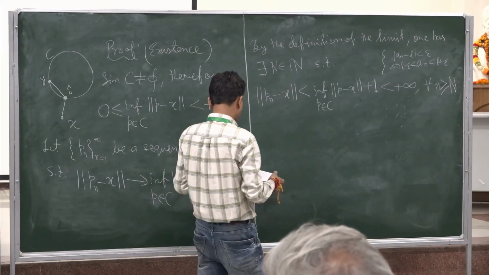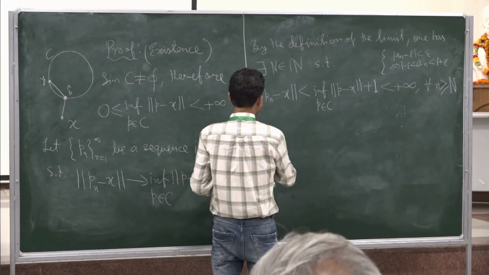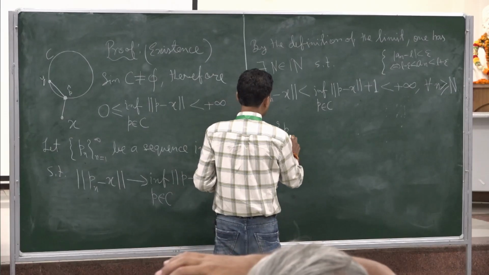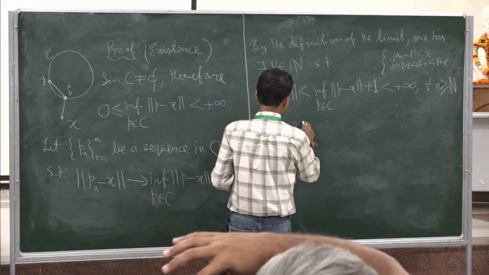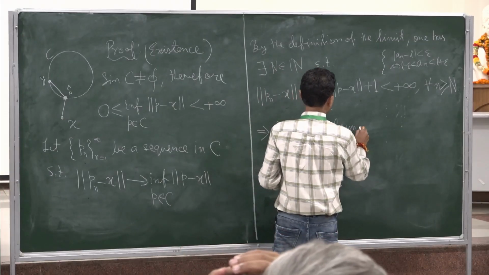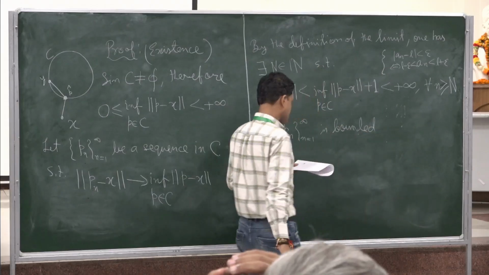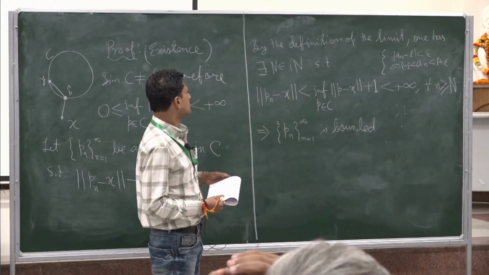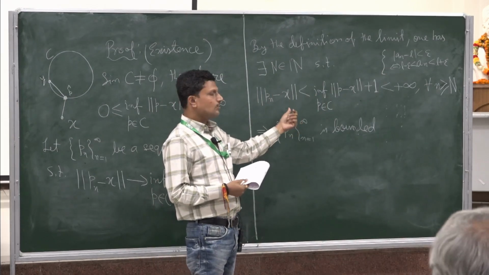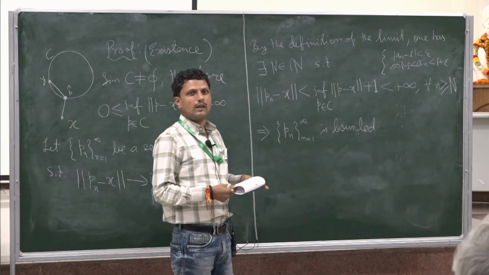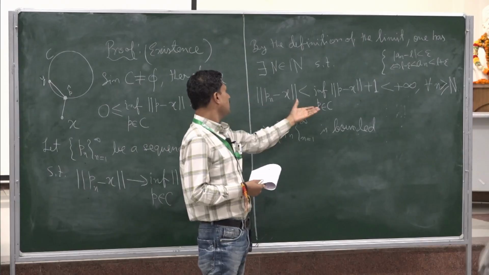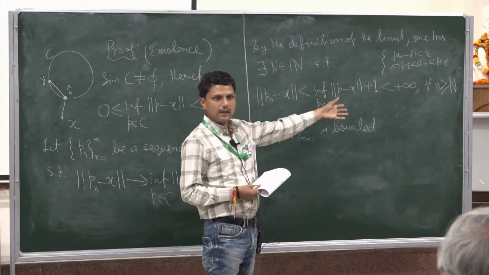Now this implies that this sequence Pn is bounded. Because this number is bounded, we can use the triangle inequality to show that norm Pn is less than or equal to some finite number.